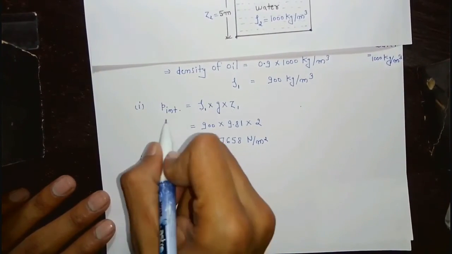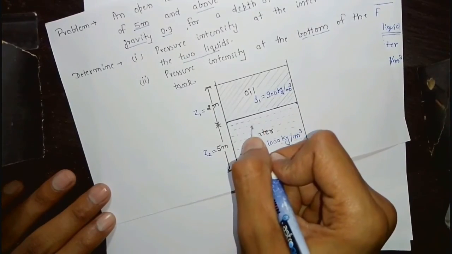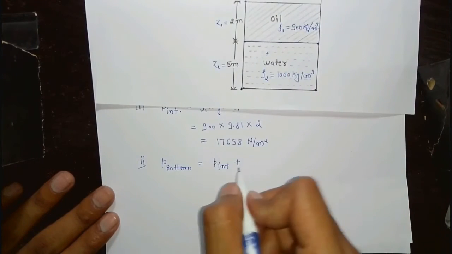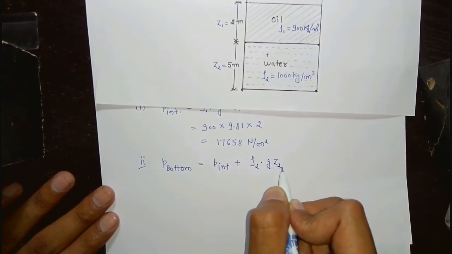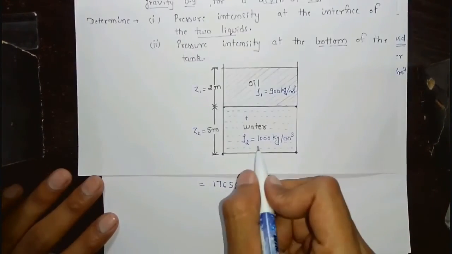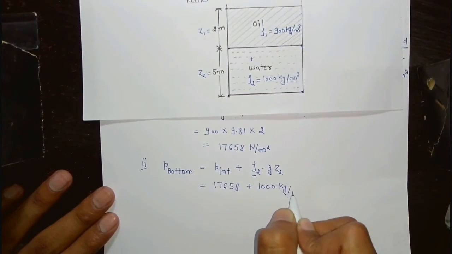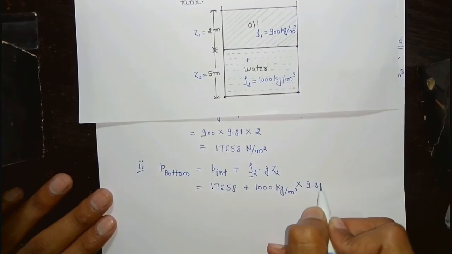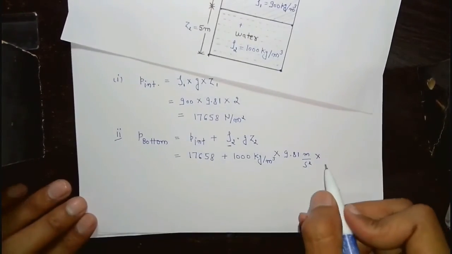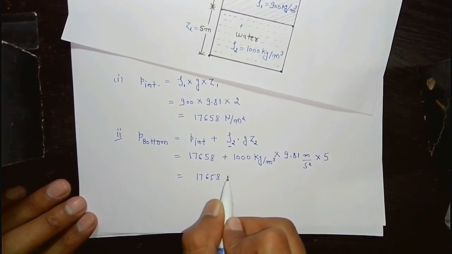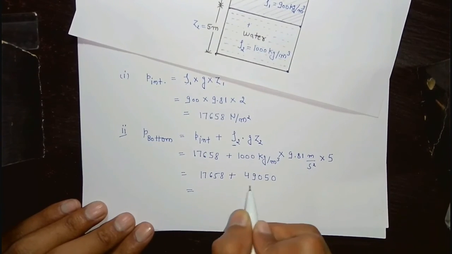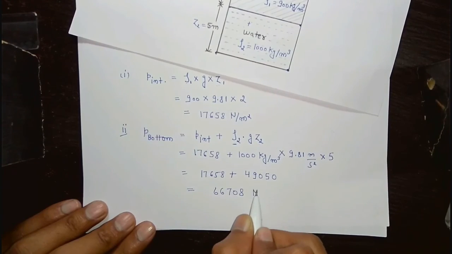For pressure at bottom, it will be equal to the pressure at the interface of the two liquids plus the pressure due to this quantity of water, which is rho 2 g Z2, and p at interface we already determined, plus rho 2, 1000 into 9.81 into 5, and total will be equal to 66708 Newton per meter square.